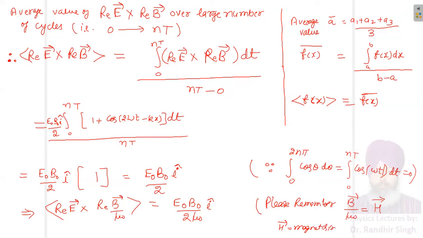So let me go to a new page. Therefore, the left hand side will become real of E cross product real of H, its average value, and the right hand side will become E0 B0 upon 2 mu naught i cap.